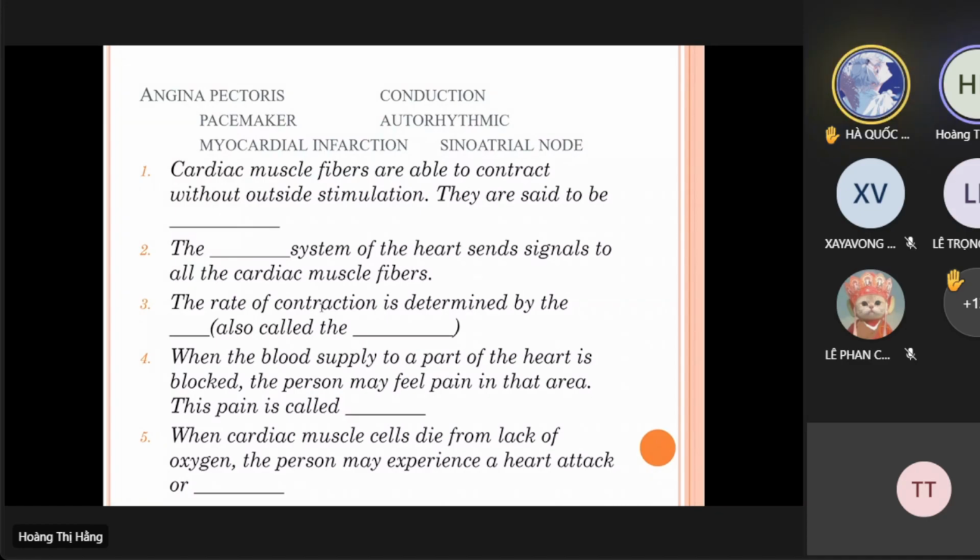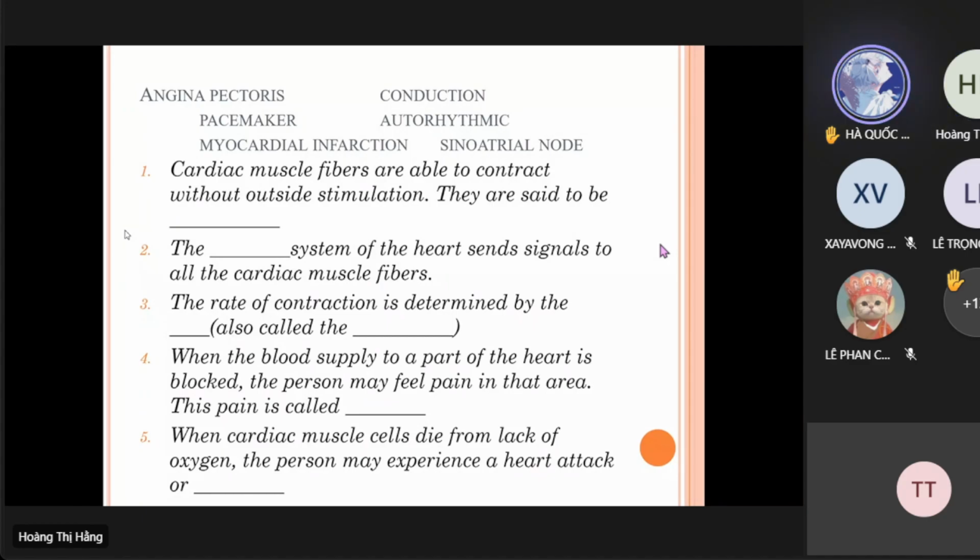Auto means by themselves. Okay, auto-rhythmic. Two, the conduction system of the heart is central to the cardiac muscle fibers. Good job. The conduction system of the heart.